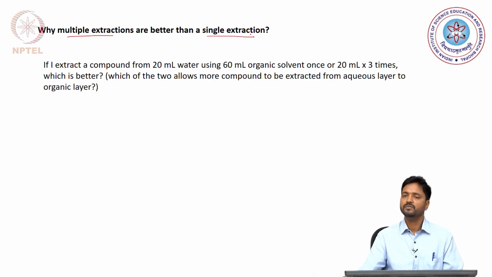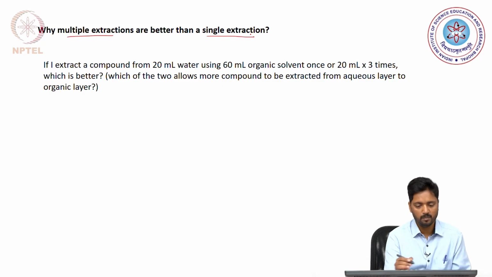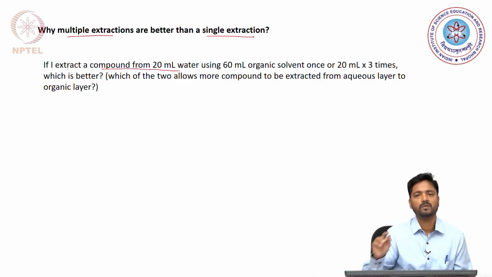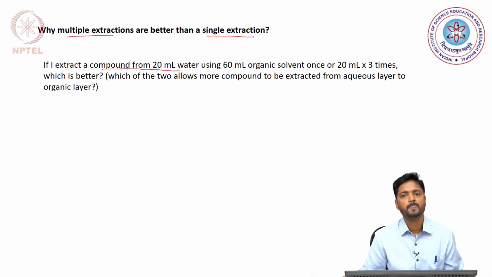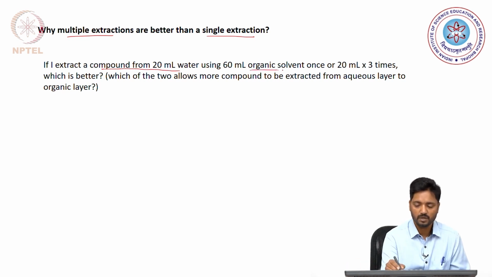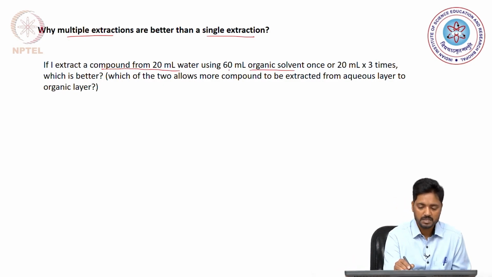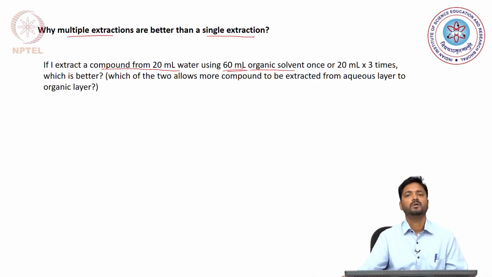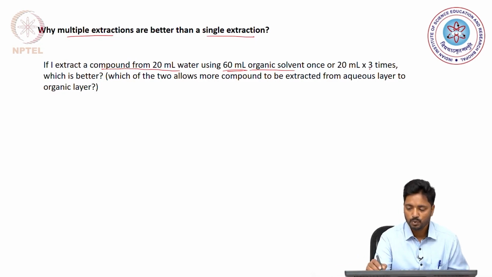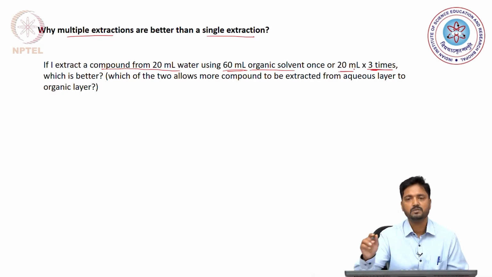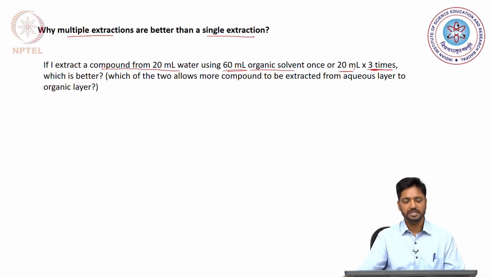A simple way to rephrase this problem will be that I have a compound that is dissolved in 20 ml water, and I am undertaking a solvent extraction of this compound using a particular organic solvent, for example ethyl acetate, and we use 60 ml of ethyl acetate in one go and undertake an extraction, or we can do extraction 3 times with 20 ml ethyl acetate each time.